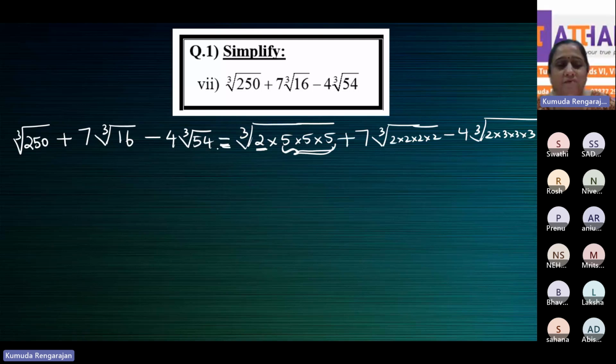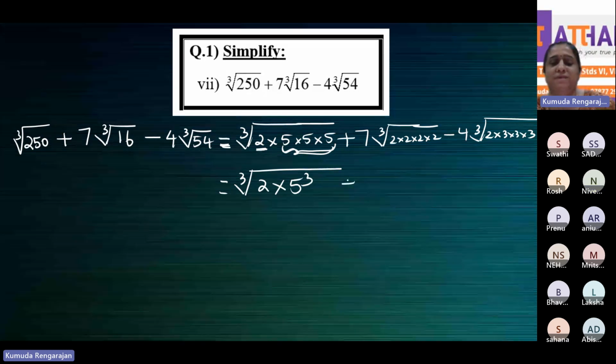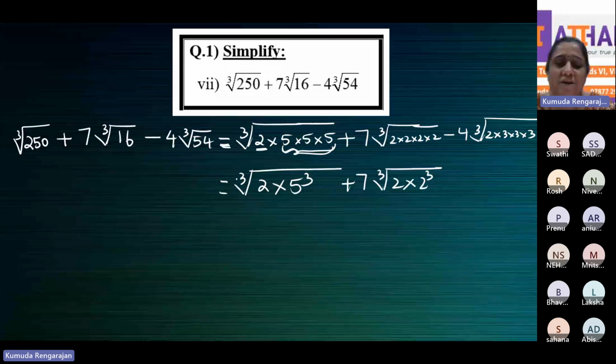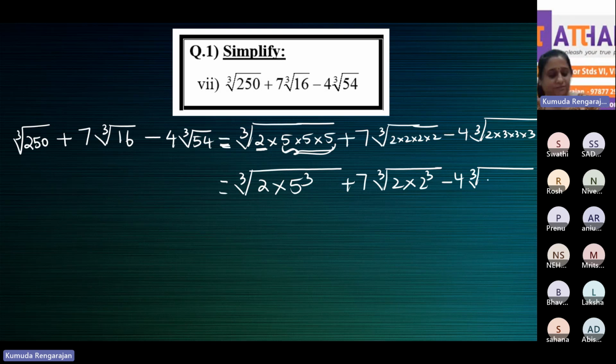So it is cube root of 2 into 5 cubed for the first part, plus 7 into cube root of 2 into 2 cubed, minus 4 into cube root of 2 into 3 cubed. Okay, very good.